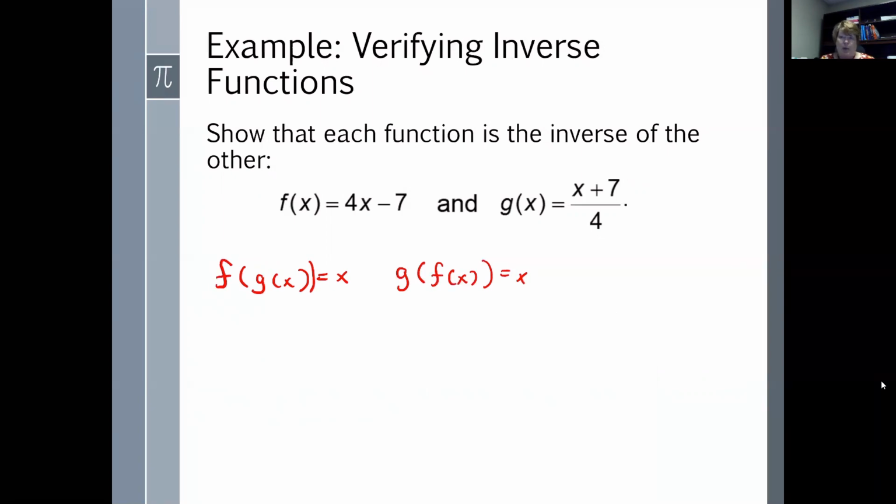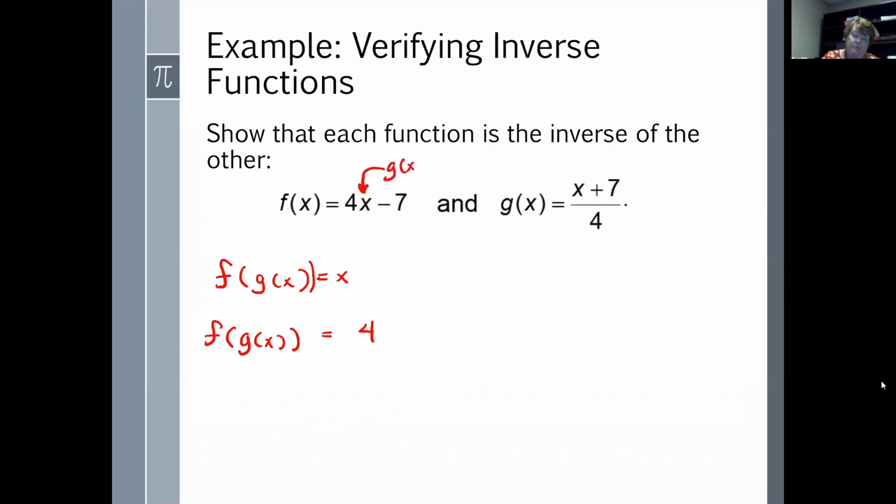If I get x for both of those, then these two functions are inverses of each other. So I'm going to first find f at g of x. So everywhere in my function where there's an x, I'm going to replace that with g of x.